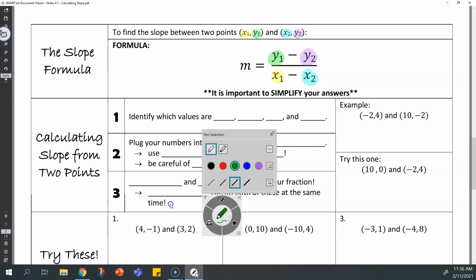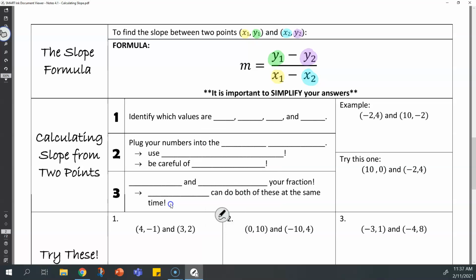The first thing I want to do is identify which values are my x1, my y1, my x2, and my y2. Remember, the x value in my first point is called x1. The y value in my first point is called y1.